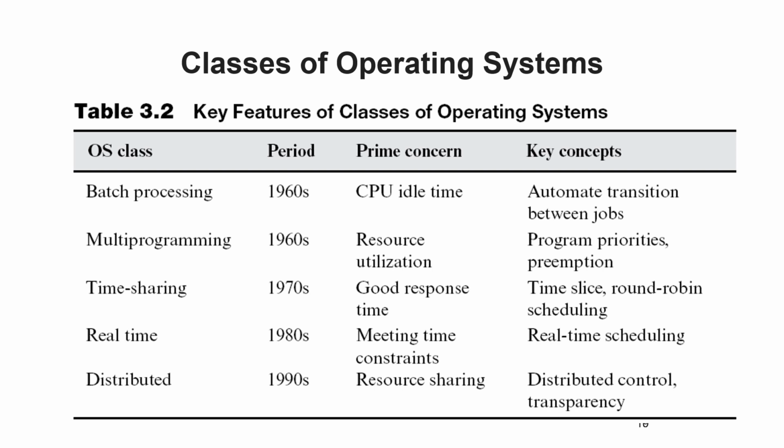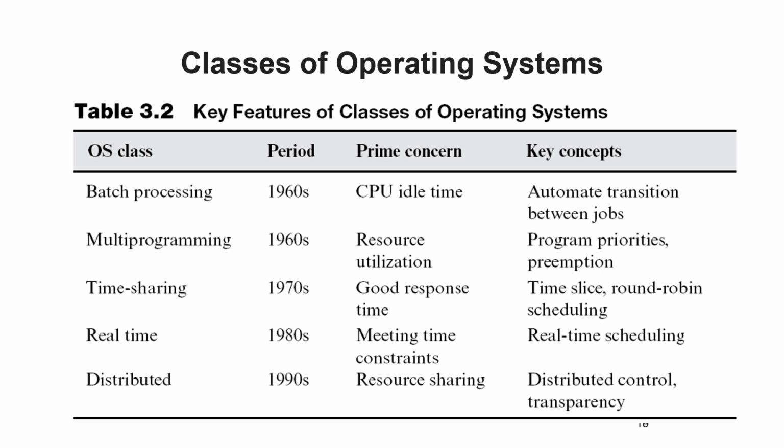So in these two operating systems, the batch processing and the multi-programming system, in the earlier days the computer hardware was expensive. So batch processing and multi-programming focused on efficient use of the CPU and other resources in the computer system. That's why these two classes of operating systems were implemented.